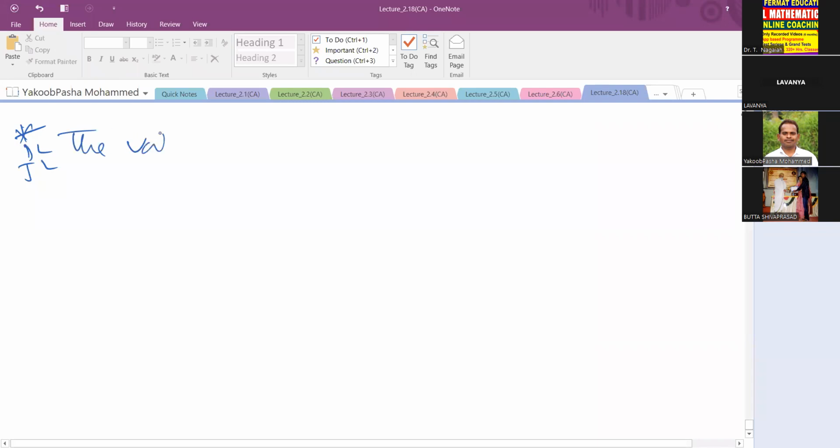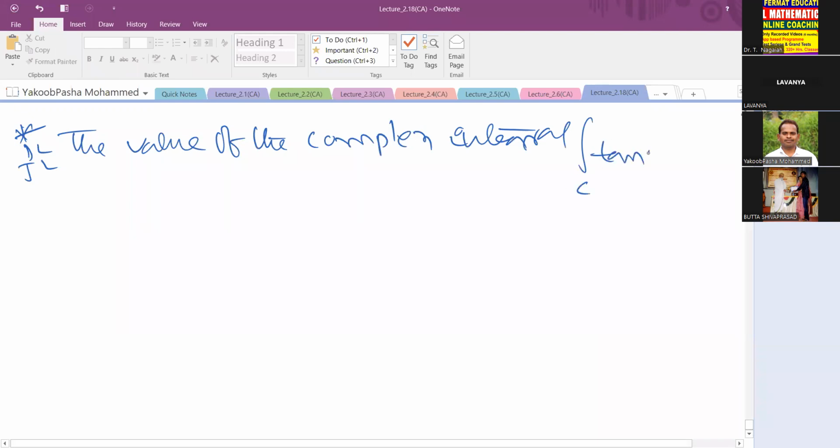The value of the complex integral over C of tan z dz, where C is modulus of z is equal to 5 is.